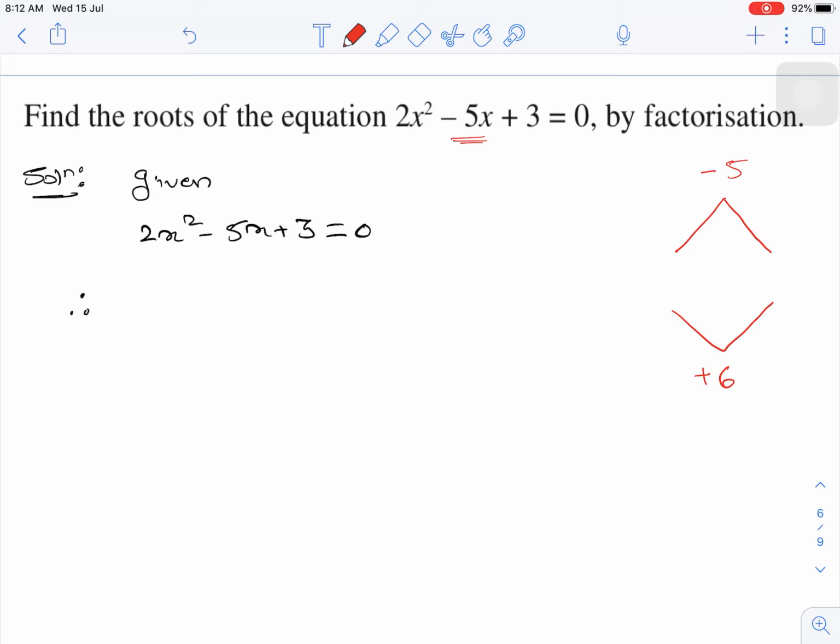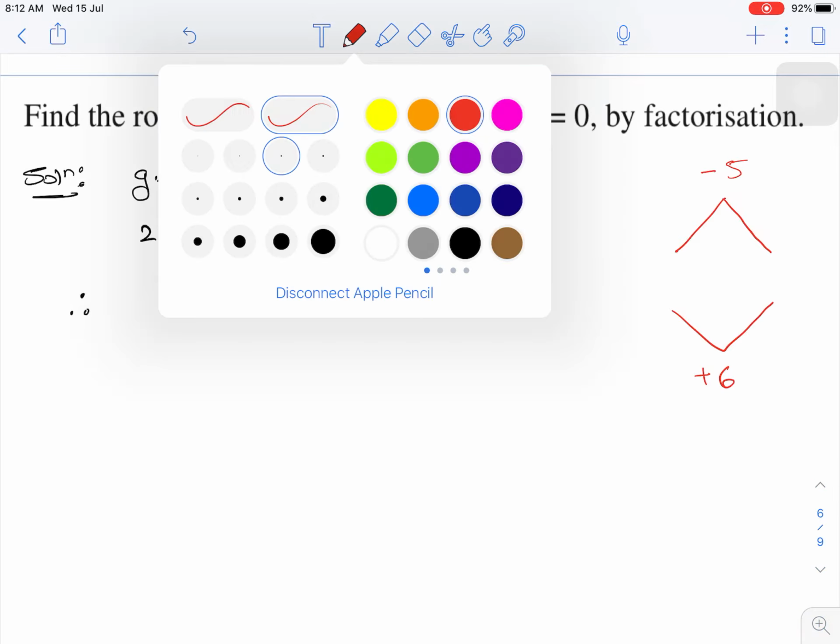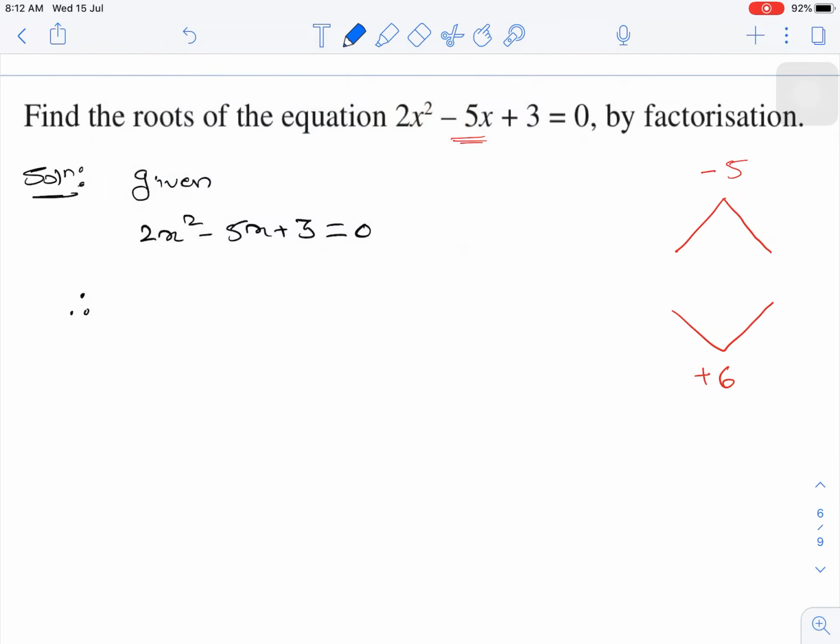Now we have to find two numbers whose addition is minus 5 and whose multiplication is plus 6.